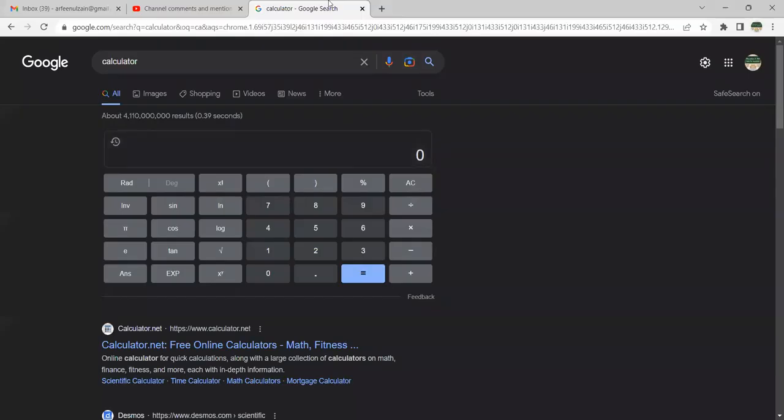So when we work out the volume, it is 4 by 3 pi r cube. So it is 4 into 3.14 times the radius, which is 25,000 cube, divided by 3.